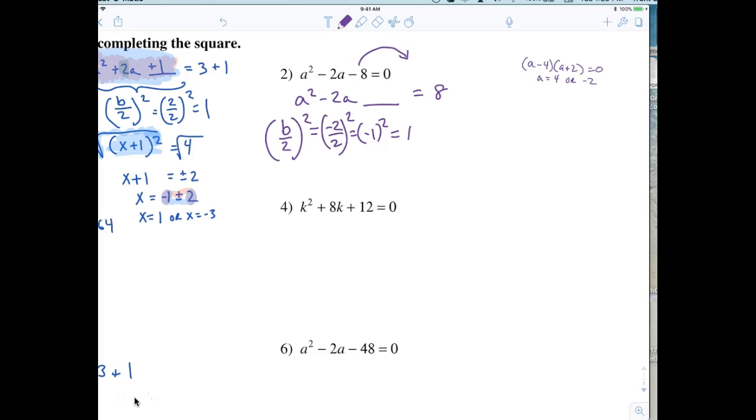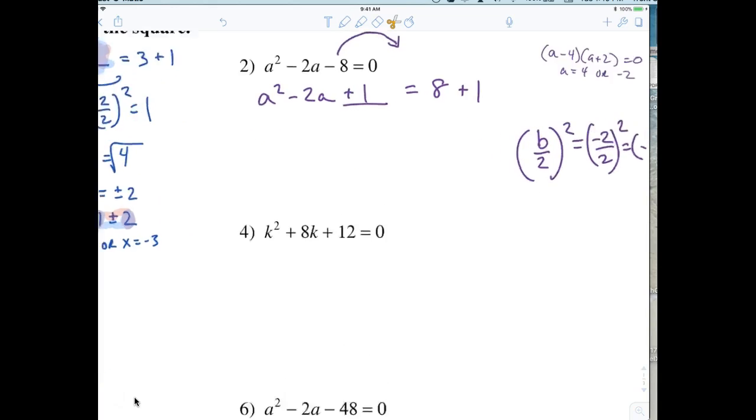Now again, you don't have to write all that down because you can do it mentally, but I'm just showing you the details. So this becomes a +1. When I do a +1 on the left side, I have to put a +1 on the right side.